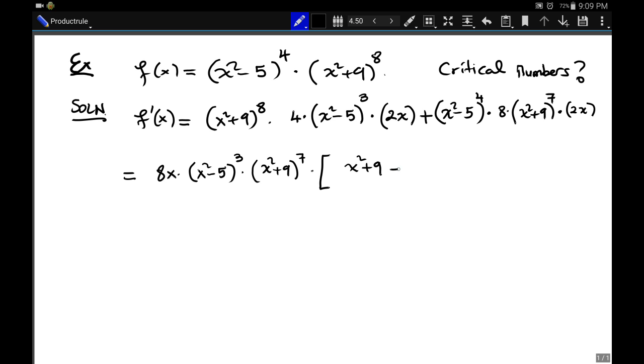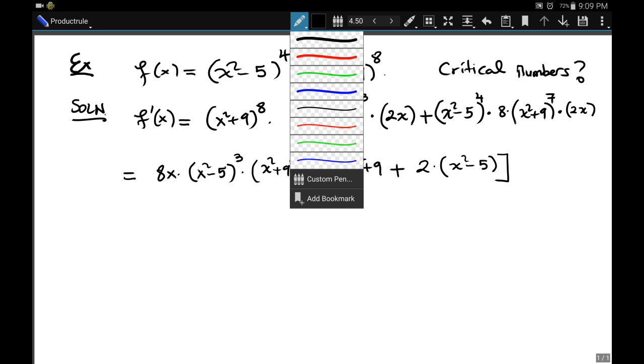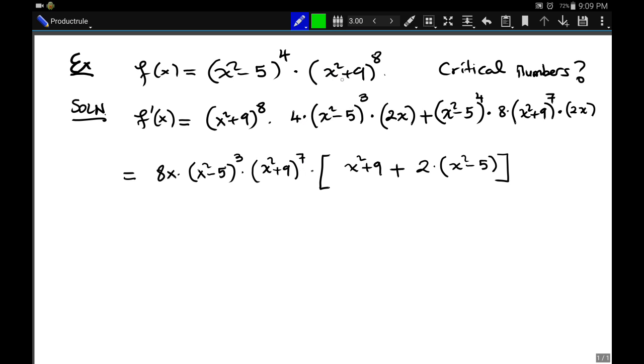And then the other one, because we pulled out 8 of them, 2 is left, 2 times, and then there are 4, so we pulled 3 of them out, one of them is left, so x squared minus 5. Now if you distribute this 2, we get 2x squared minus 10.